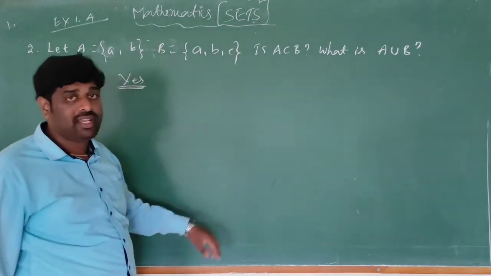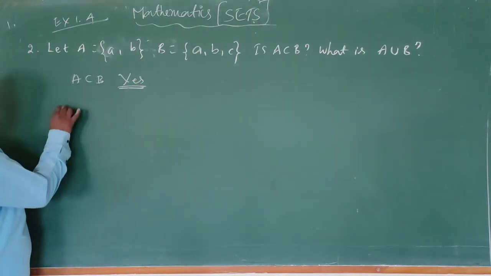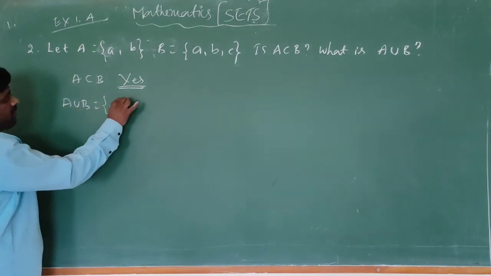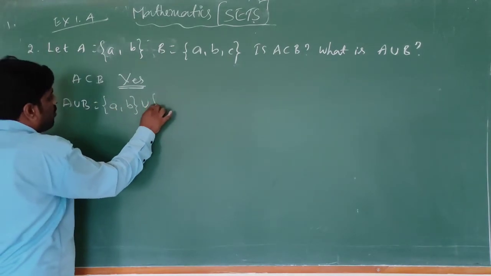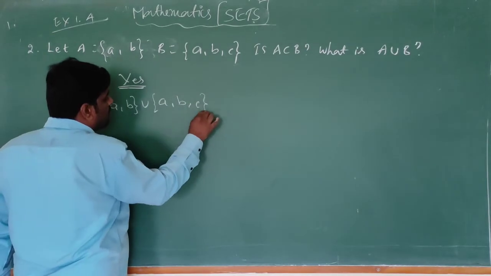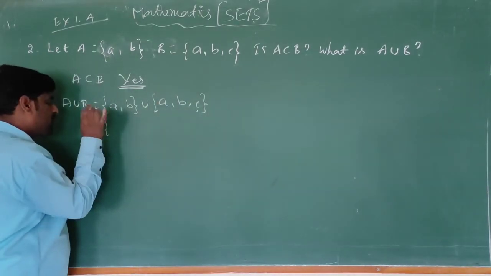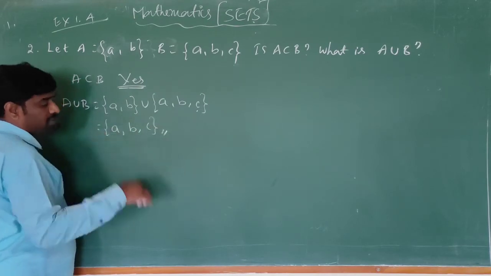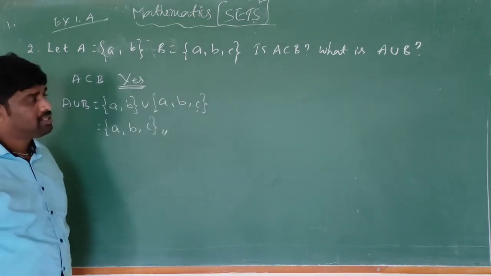Then what is A union B? A union B is A set {a, b} union B set {a, b, c}. Now we should write together: {a, b, c}.